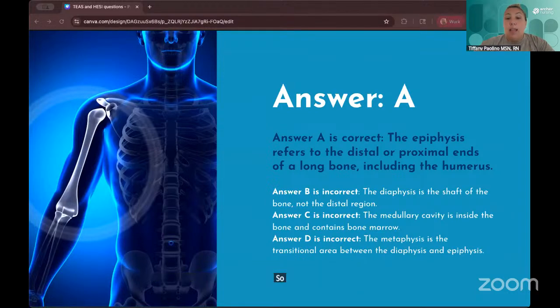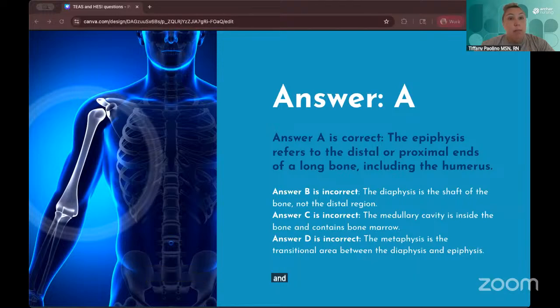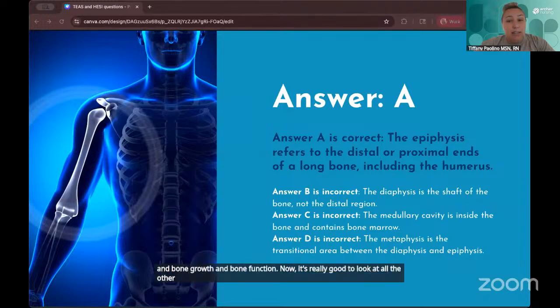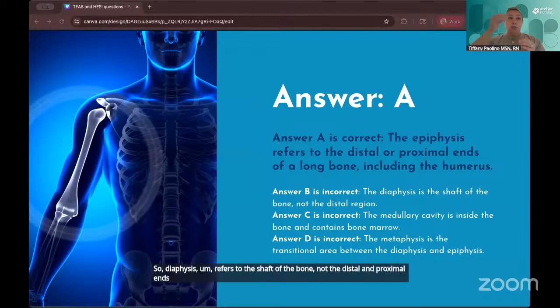It's important to remember this when discussing bone structure because these are crucial for bone structure, bone growth, and bone function. It's really good to look at all the other answers too to see why they are not correct. Diaphysis refers to the shaft of the bone, not the distal and proximal ends, because remember, distal and proximal are the ends, right?